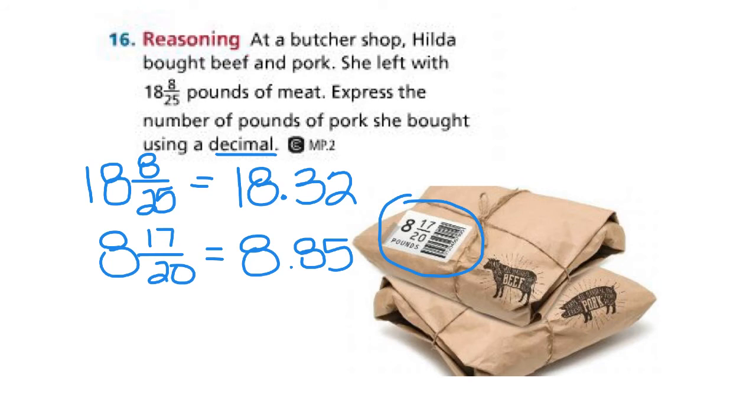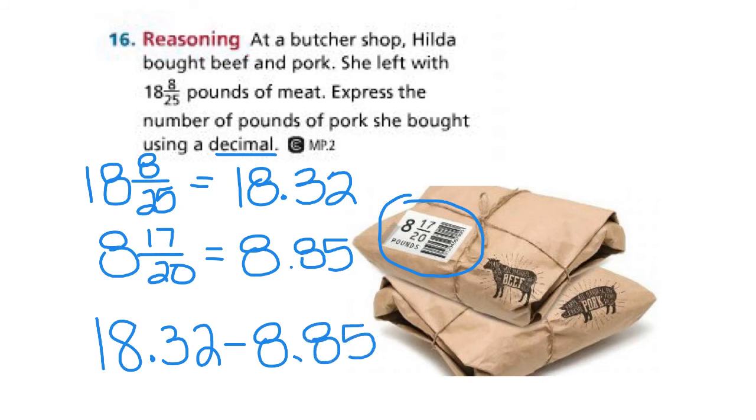If we know the total and we know the beef, we need to subtract in order to find what is left for the pork. When you subtract, you find that she has 9.47 pounds of pork.